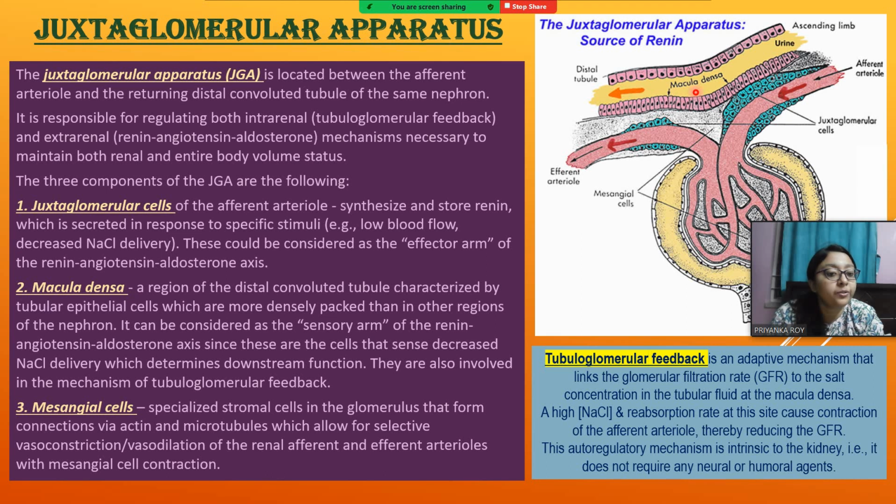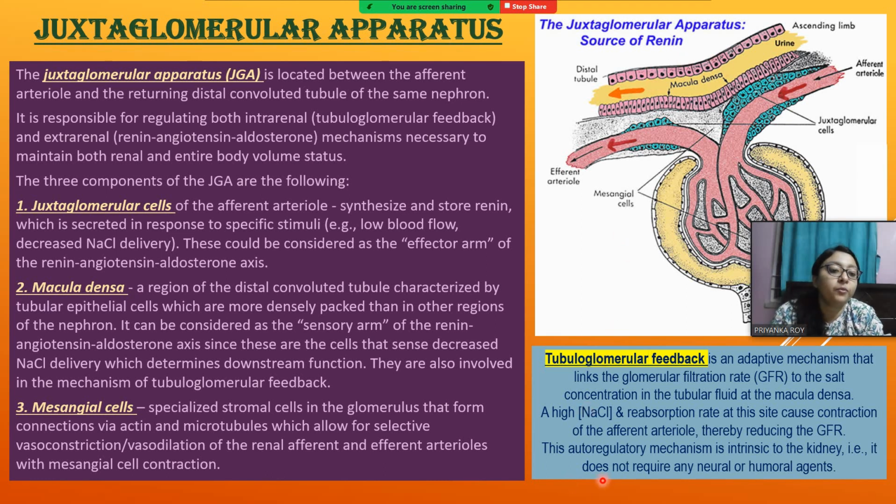If the salt concentration is very high here, it will trigger the afferent arteriole cells, the juxtaglomerular cells, to secrete renin, which in turn will cause the GFR, the glomerular filtration rate, to go down. So a high salt concentration triggers the cells to slow down the filtration process, so that the urine is formed properly.